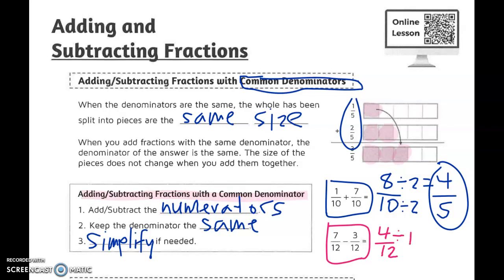If we divide the numerator by 4 and the denominator by 4, you get 1 on top, and 12 divided by 4 is 3 on the bottom. So this is going to be 1/3. That is how we do it if the denominators are already the same.